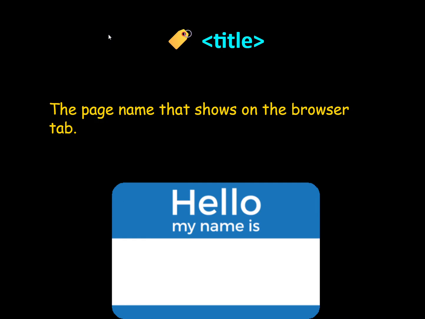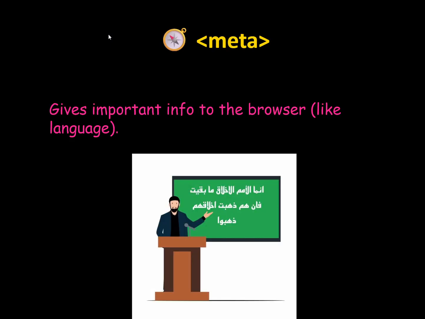Okay, next is the meta. This is very unique. Suppose your default language is Arabic, like the default language in your computer is Arabic, but the coding you're doing is in English. At that time you need to tell with this meta tag that it's in Arabic, English, or something.